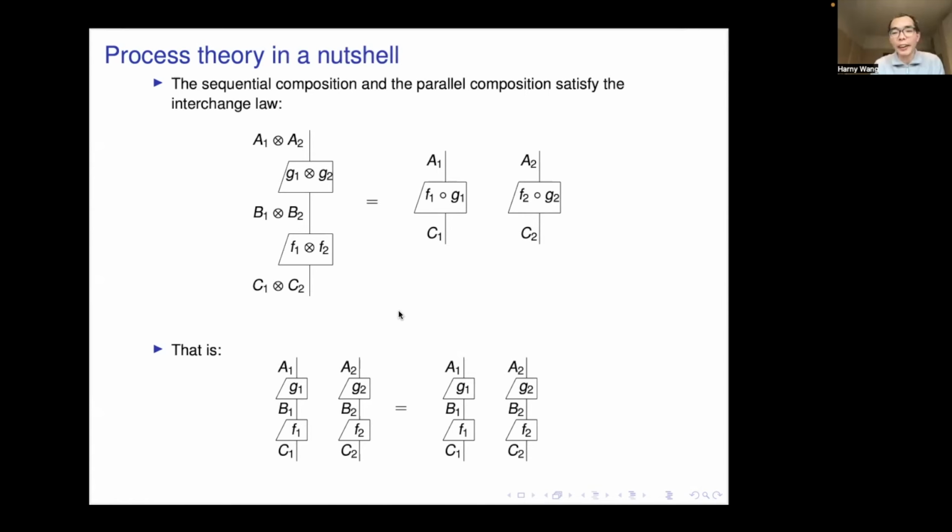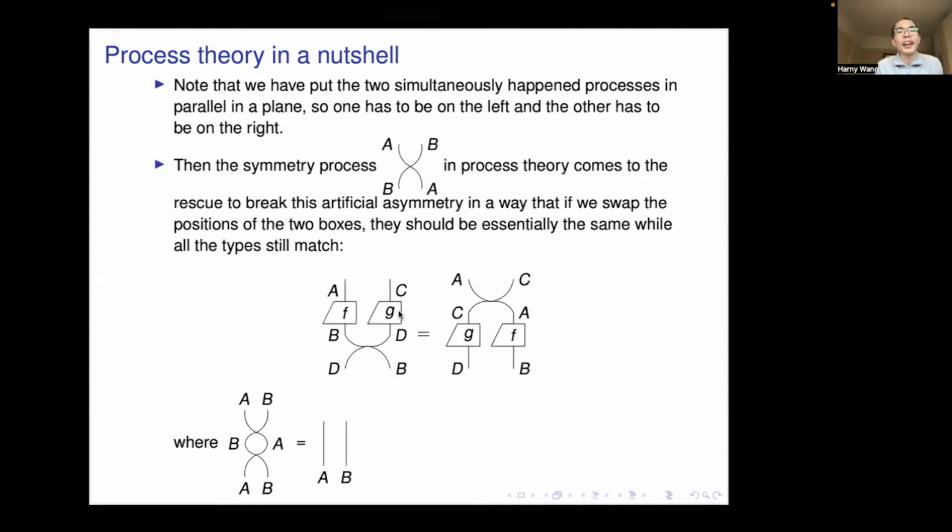So this is called interchange. That's easy to understand, right? Okay, is there any other restriction, or is there any other thing the processes should satisfy? Then that's a problem. Because we put the two simultaneously happening processes in parallel, in a plane.